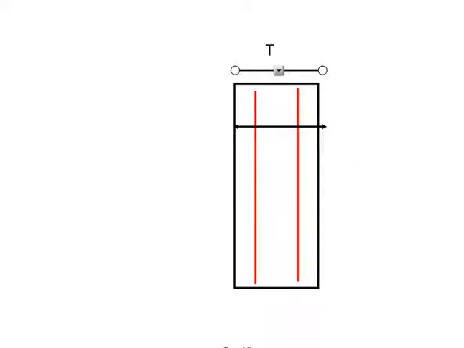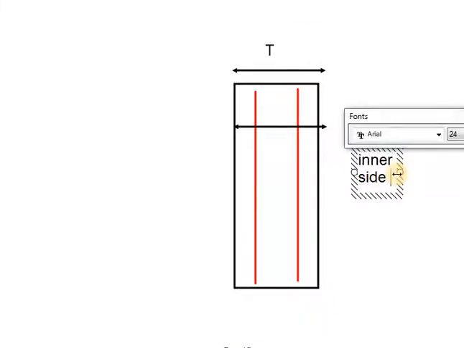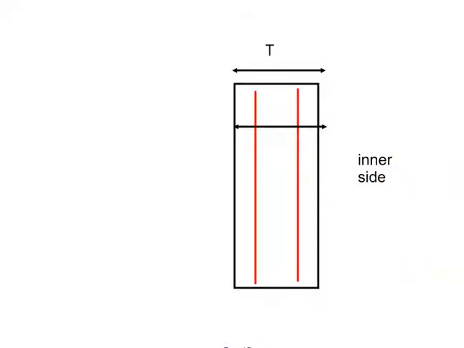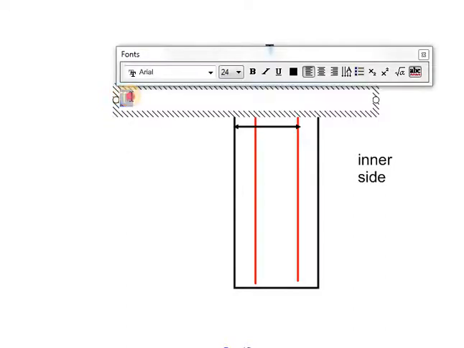Let us say this is the inner side of the wall, inside of the water tank, and the other is the outer side. So from here to here, this distance is called your small t. This is small t.